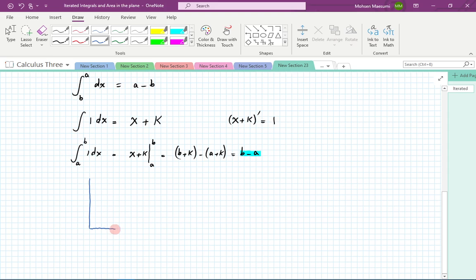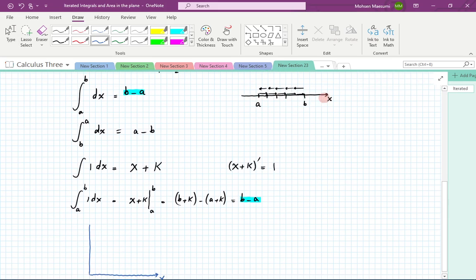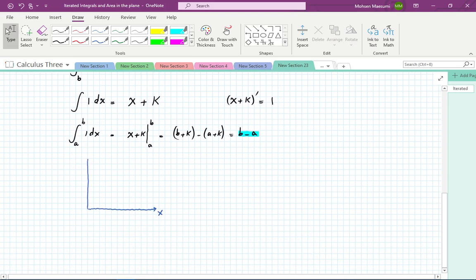We started our conversation with the x-axis here, and we're just traveling back and forth on the x-axis, but we don't have to literally be on the x-axis. So I can start from some place here to some other place here. So if this is a and b, the integral of dx from a to b is still b minus a. And if I was somewhere else here, same story.